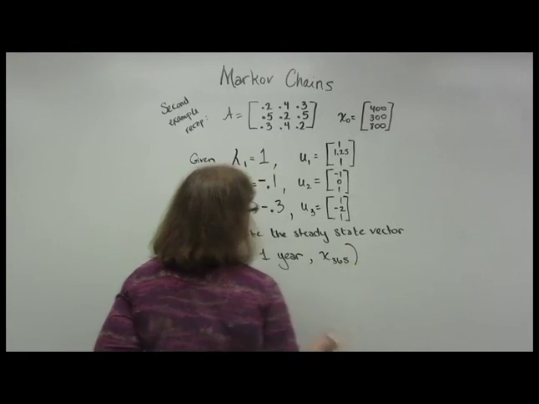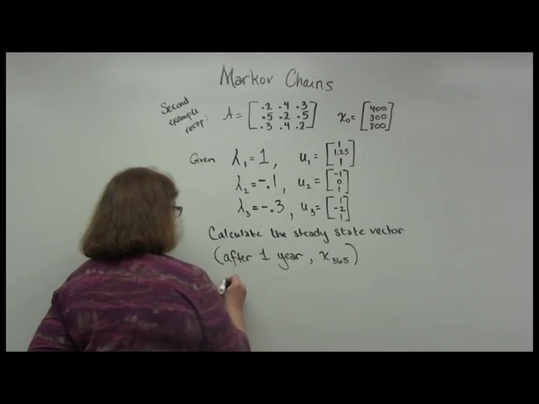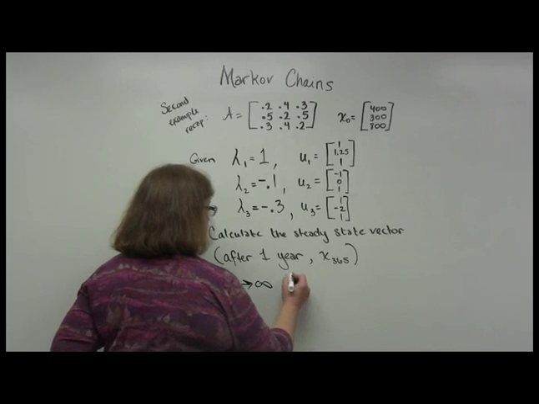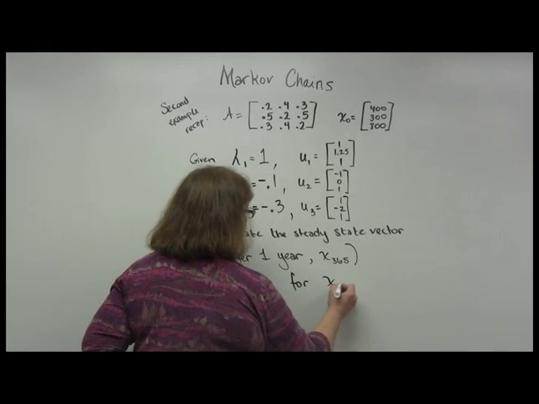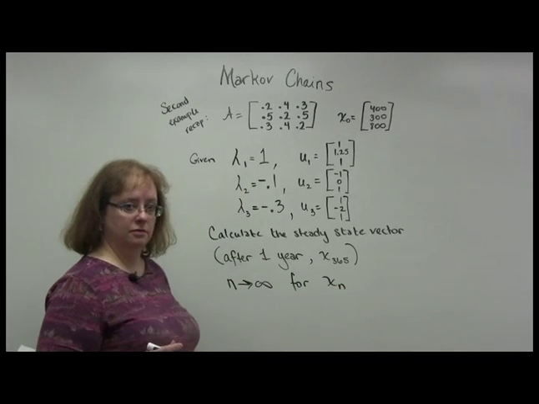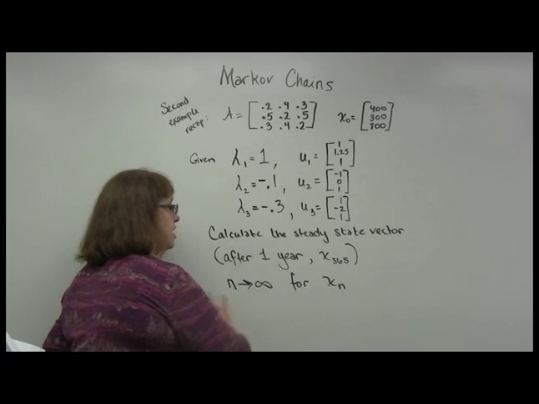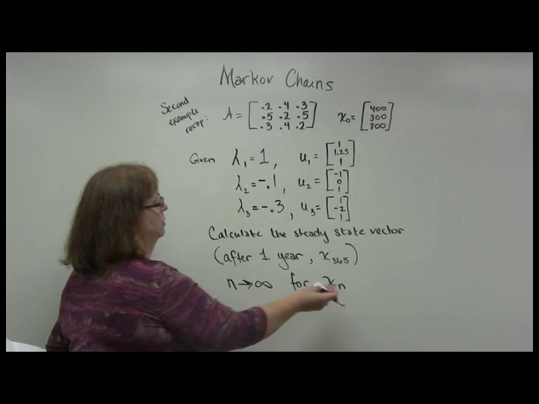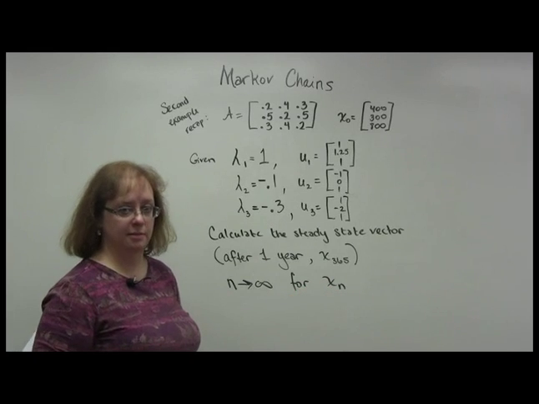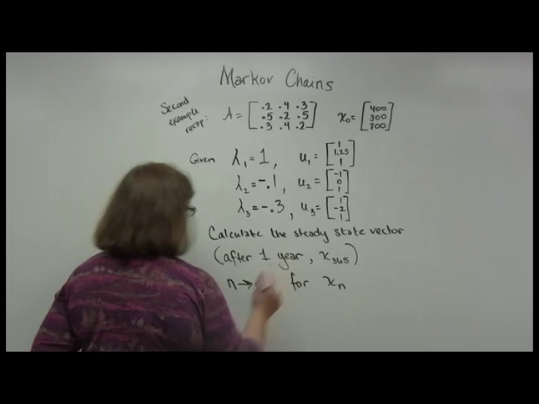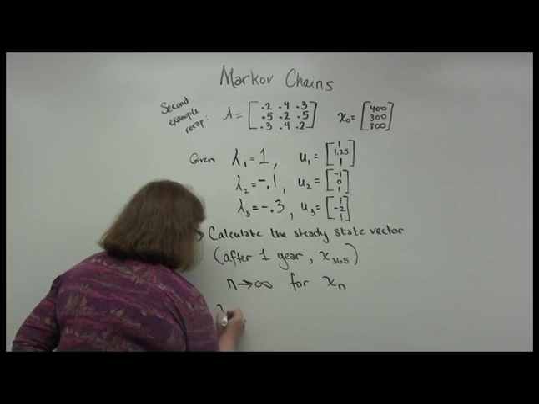But we also could just consider what would happen as n goes to infinity for x sub n. Okay, maybe you've done limits, maybe you haven't. But what I'm saying is, after a long period of time, we want to find out what x sub n is. All right, so if you remember our process, let's just say I'm doing the x sub 365.